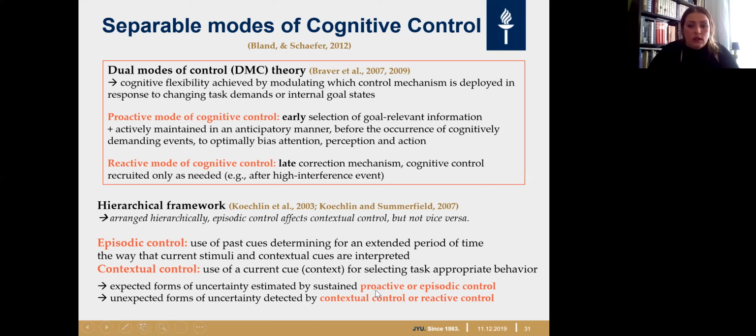So there's a clear connection of the different cognitive control modes to different varieties of uncertainties in decision making. And unexpected forms of uncertainty are detected by contextual control and the reactive mode, so the late correction mechanism. So this can also be utilized in understanding the different forms of uncertainty.